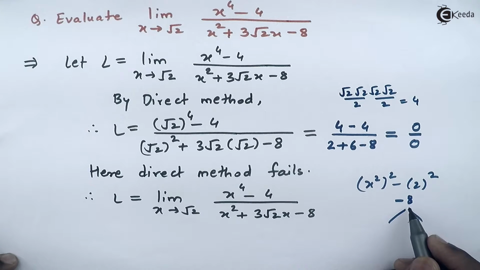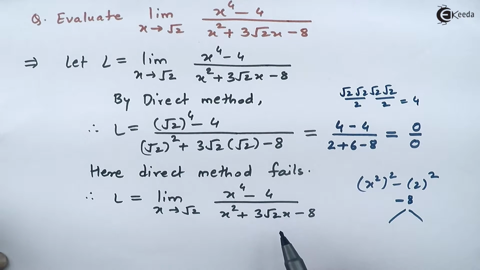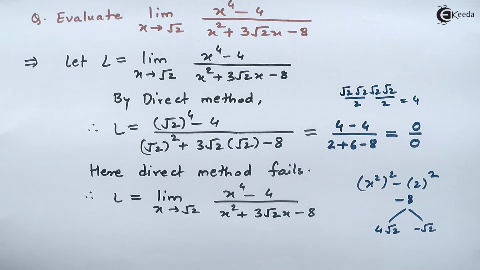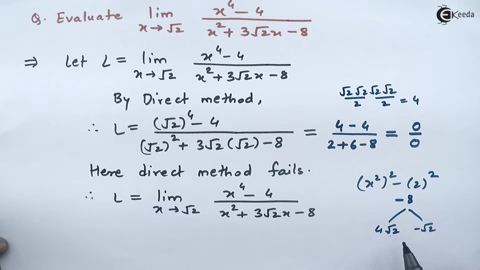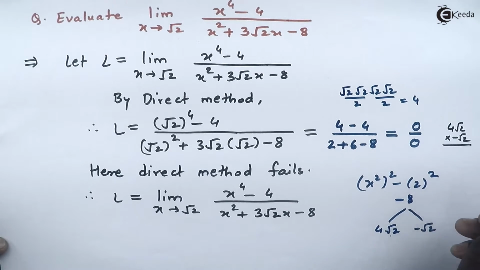So for minus 8 we want two factors for which the multiplication is minus 8 and the addition is plus 3 root 2. Now we can consider the first factor as 4 root 2 and the other factor as minus root 2. If we multiply these two terms, 4 root 2 with minus root 2, this will become root 2 into root 2 is 2, 2 into 4, and minus as it is.